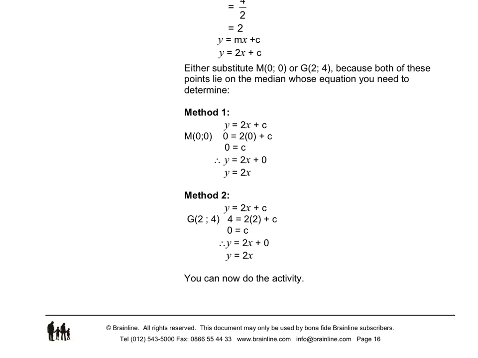In other words, the equation of that line is y equal to 2x. The same will happen if I substitute with coordinates of G, where x is 2 and y is 4. C will also be 0, and my equation is still y equal to 2x.